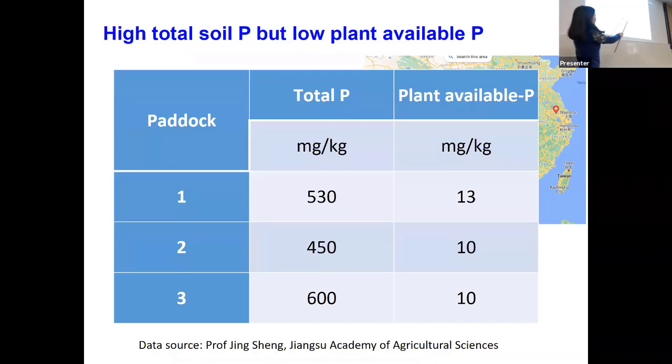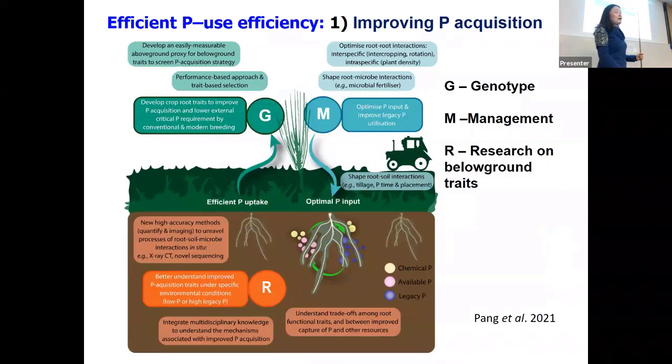But if you look at plant available phosphorus, it's relatively low. It's only about 10, which is not enough to have a high yield. Therefore, there is a large gap between the total phosphorus and plant available phosphorus. Therefore, it is very important to increase phosphorus use efficiency.